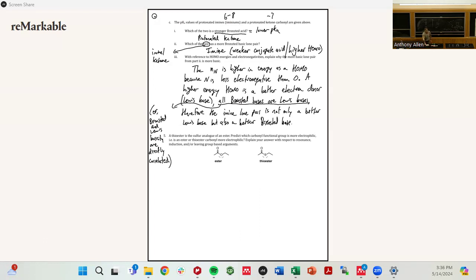So not all Lewis bases are Bronsted bases, but all Bronsted bases are Lewis bases. So essentially you can correlate the two. Yeah, I guess that's how I would explain it. Better electron donor is a better base. Better base is what we were asked about.